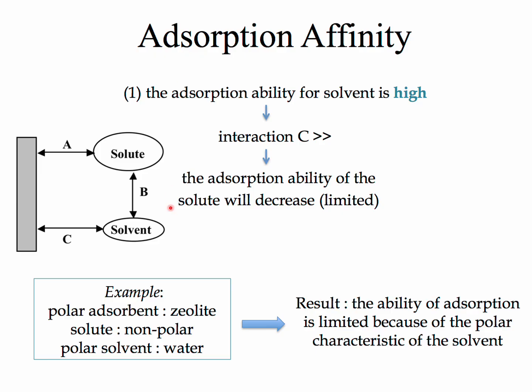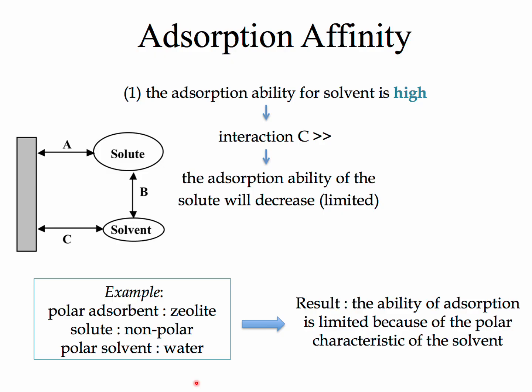Okay, so let's look at the example given here. Let's say we have a polar absorbent, such as zeolite, and then we have a polar solvent, which is water, and a non-polar solute. In this situation, the polar solvent interacts strongly with the polar surface through interactions such as hydrogen bonding and dipolar interactions.